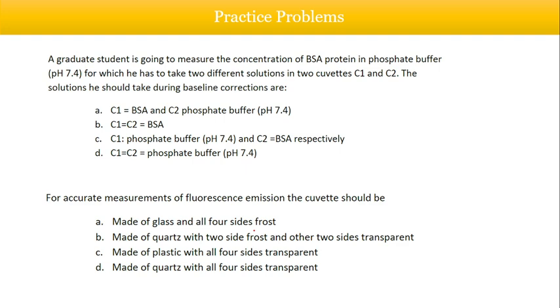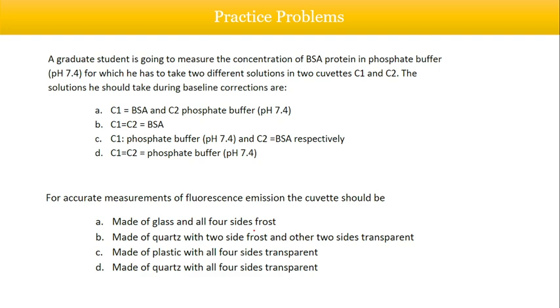Now the next question is: a graduate student is going to measure the concentration of BSA protein in phosphate buffer, for which he has taken two solutions in two cuvettes C1 and C2. Which solution should he take during baseline correction? During baseline correction, we set a blank.